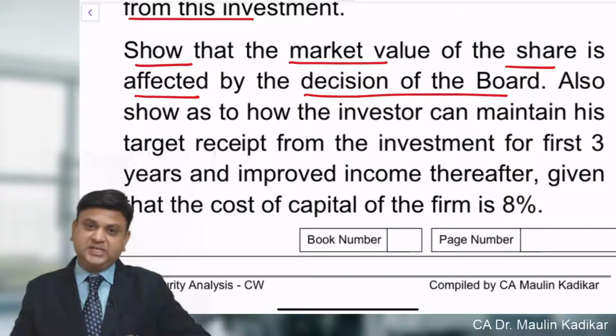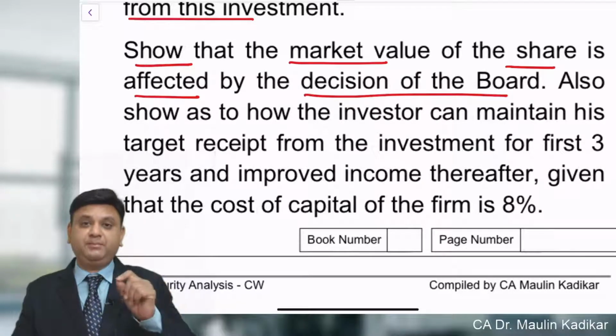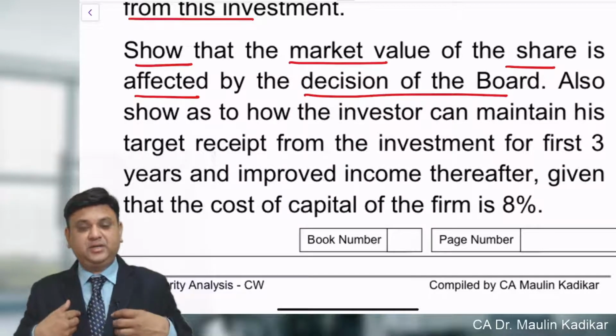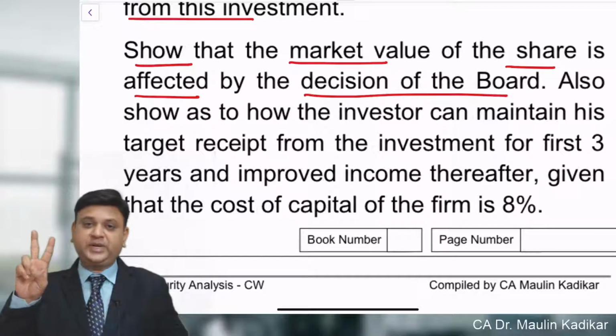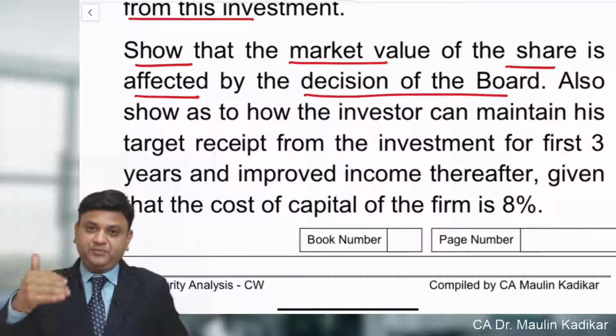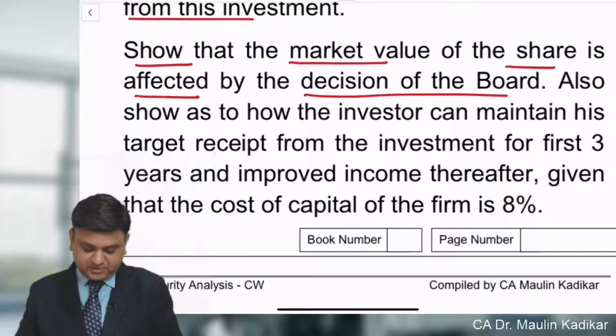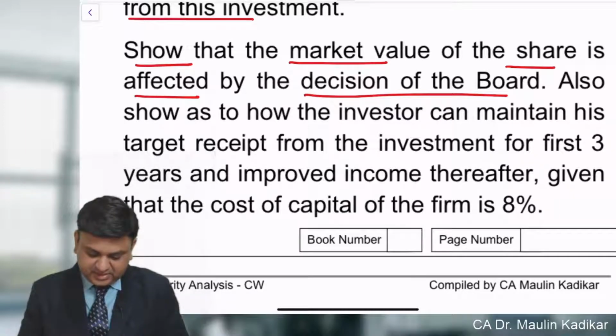The question says you are required to show the impact of this project accepted by the company. It means we have to find two prices: one, before accepting the project, and second, after accepting the project. That is the way the first question is divided into two parts.